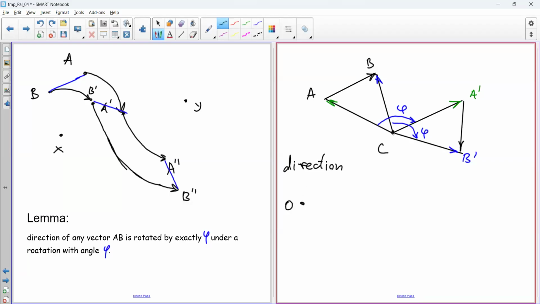So the rotation center is not necessarily in the origin. And actually there is no necessity to compare the directions exactly in the origin, in the initial point. But it's the most natural way to do that. So we can just do a parallel translation of this vector AB to the origin and of A prime B prime.